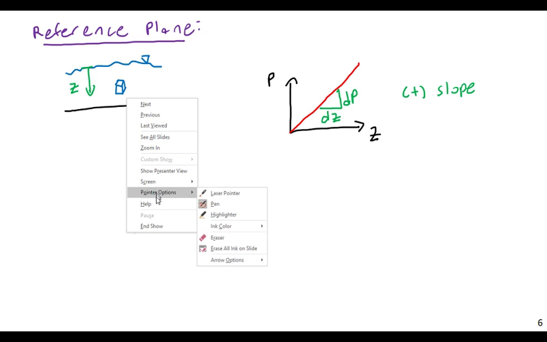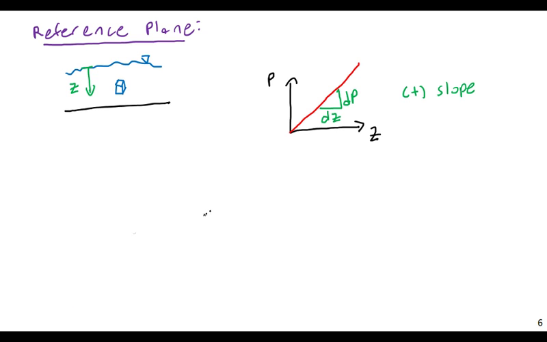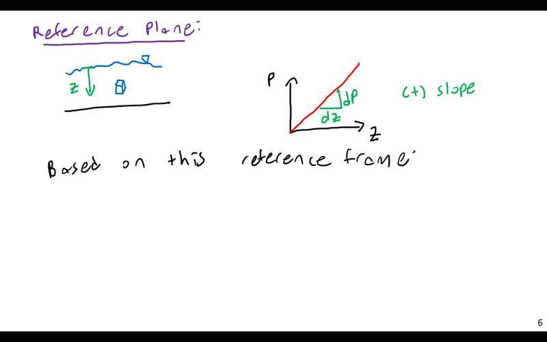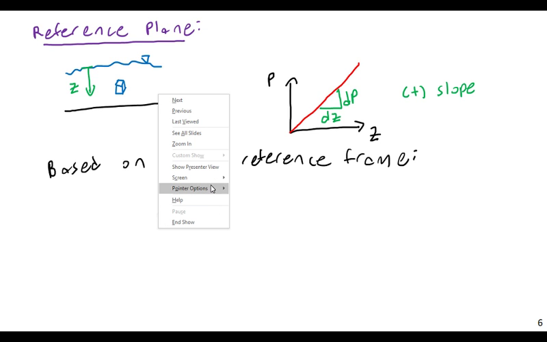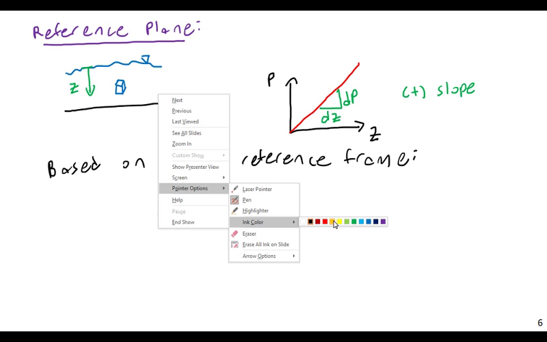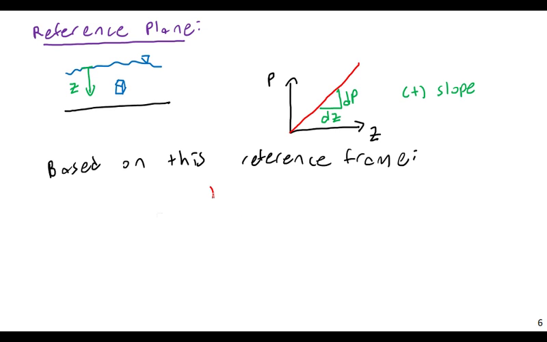Now, if we use this reference frame, something interesting happens. The partial of pressure with respect to z is simply going to be equal to gamma, the specific weight of the fluid.